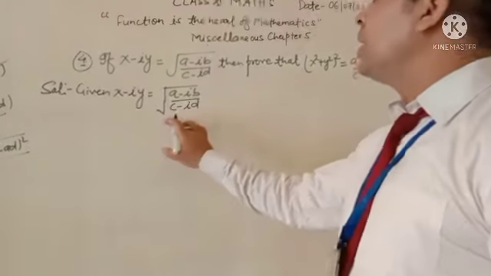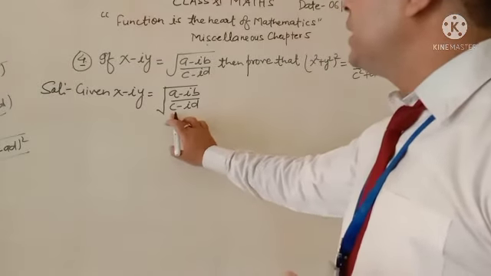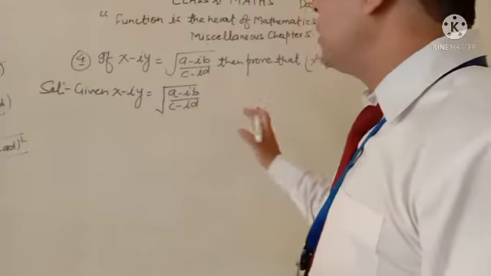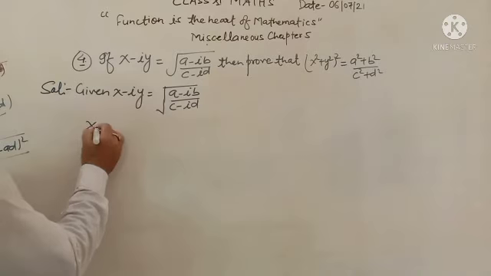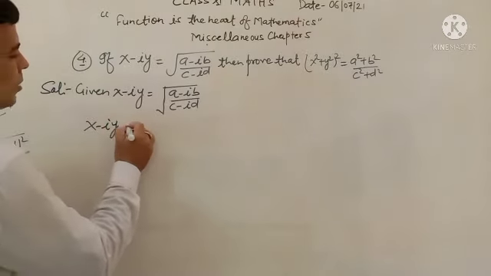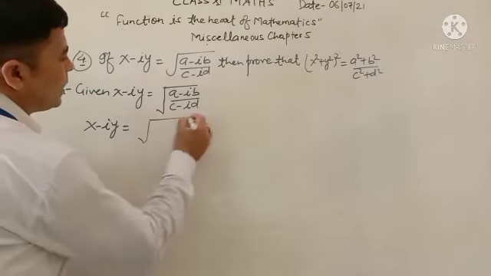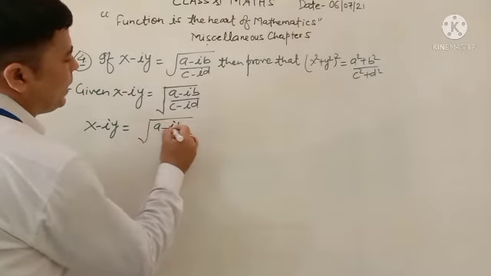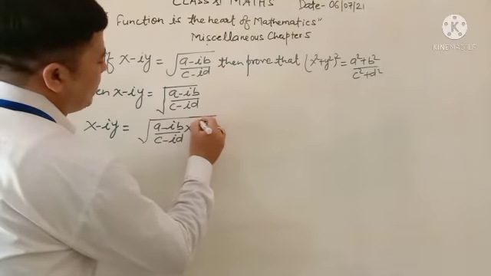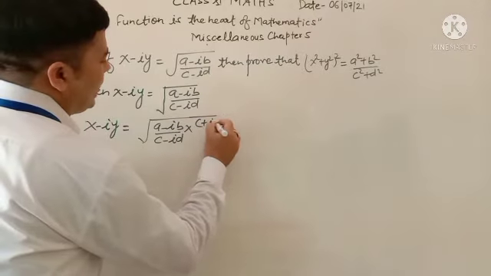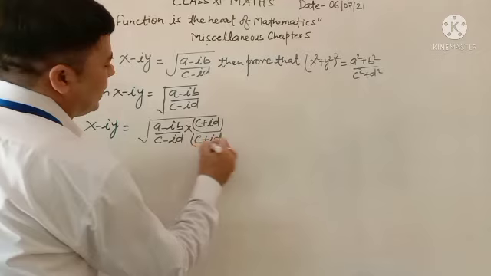How do we convert it into a real expression? By multiplying it with its conjugate, meaning x minus iy is equal to (a minus ib) upon (c minus id) multiplied by (c plus id) upon (c plus id).